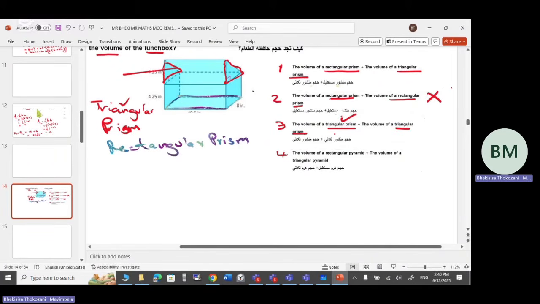Again, triangular prism. No, that's not. Both triangular, that's not true. So this one is not the right one. The volume of a rectangular pyramid. This one is out because these are not pyramids, these are prisms. So this is also wrong. So we can see that now the first statement is the correct one.